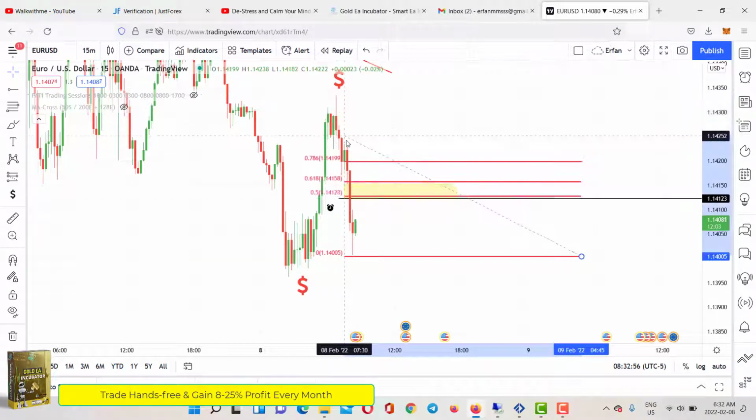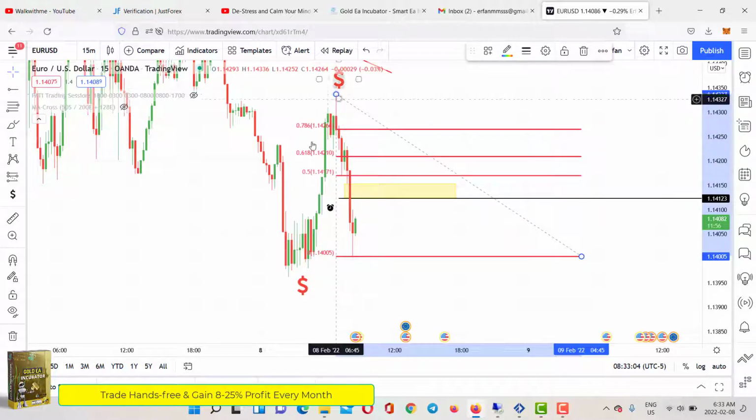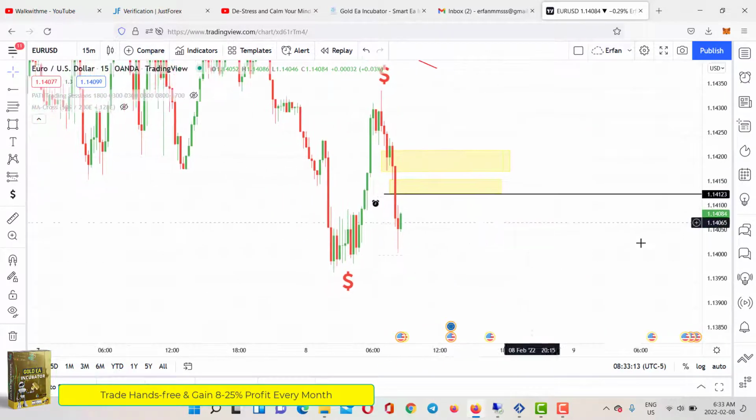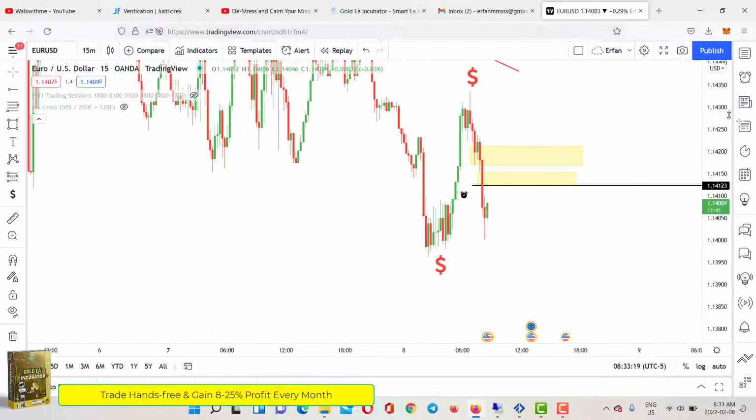So it actually started from here. But if it doesn't work, then you have your golden zone here as well. So that's why I'm going to go for 2 zones, and I want to see which one gives me the potential for that.